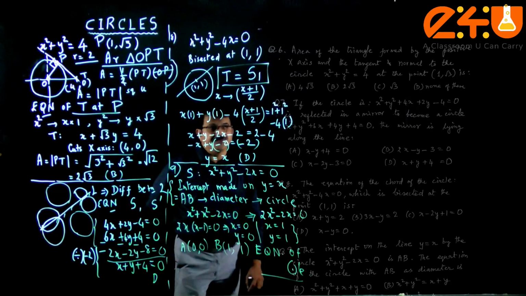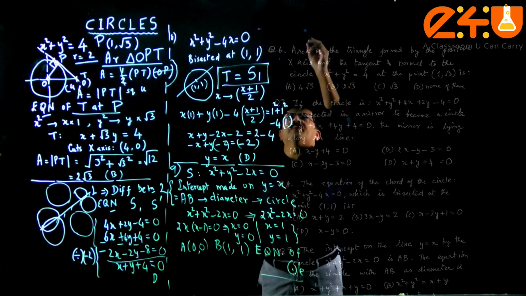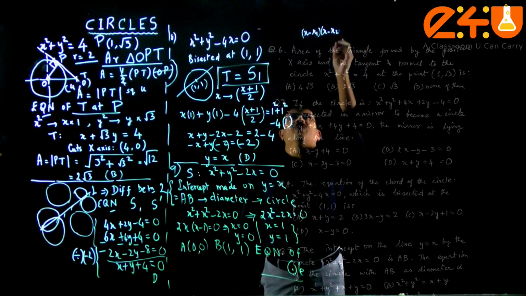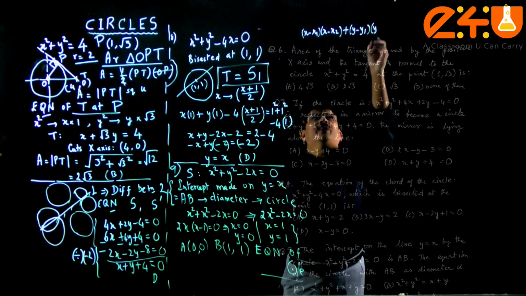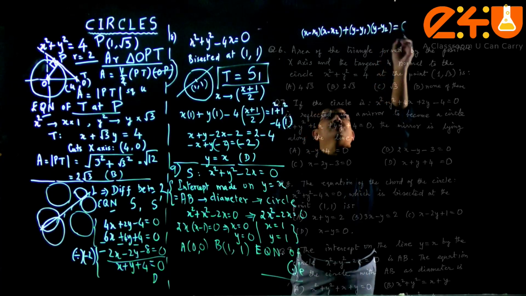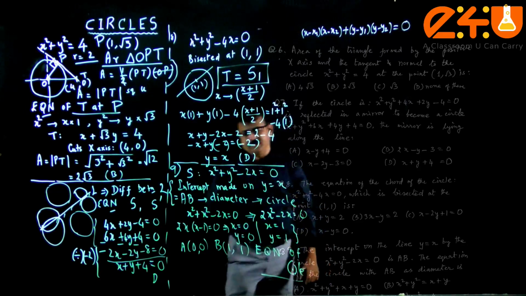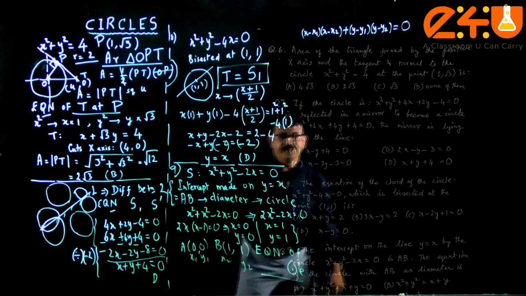So the equation of circle, let me utilize the space here. x minus x1 times x minus x2, plus y minus y1 times y minus y2 is equal to 0, gives the equation of that new circle. Very simple. So x1, y1, x2, y2 are all available.